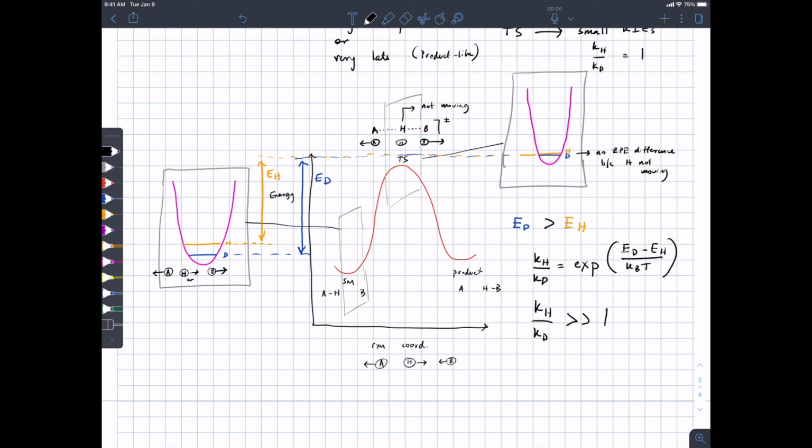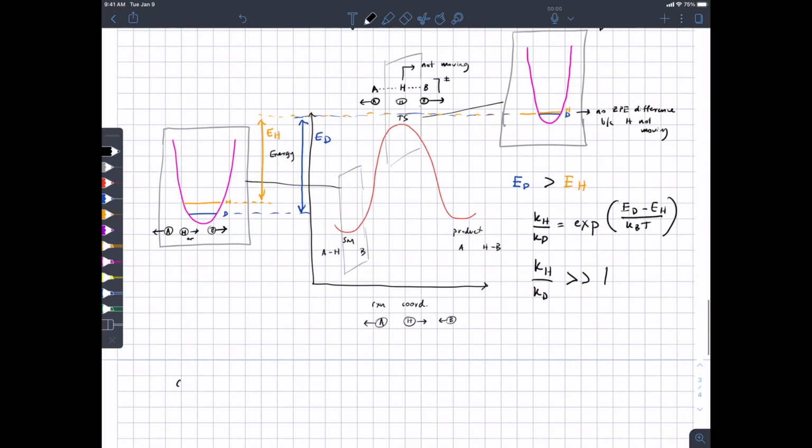So, some of your thinking about kinetic isotope effects has to take into account bond vibrations. But here's another interesting conclusion. You can use the kinetic isotope effect as a kind of reaction coordinate for your carbon-hydrogen bond.